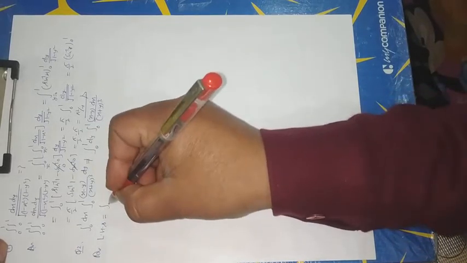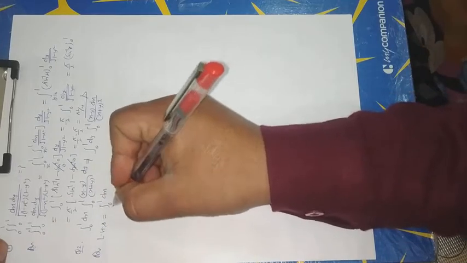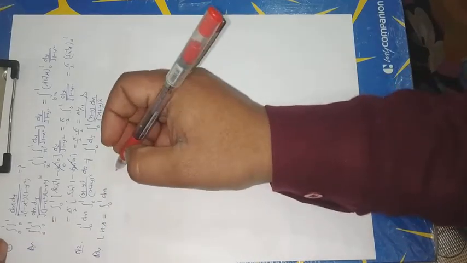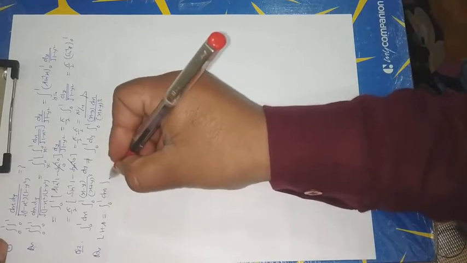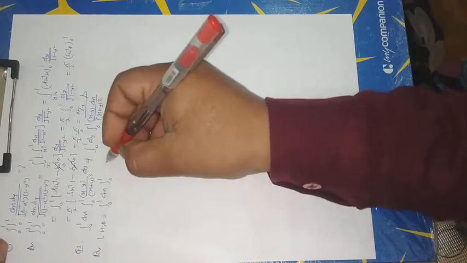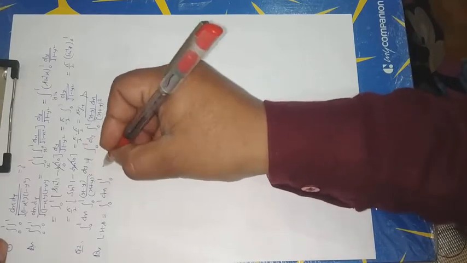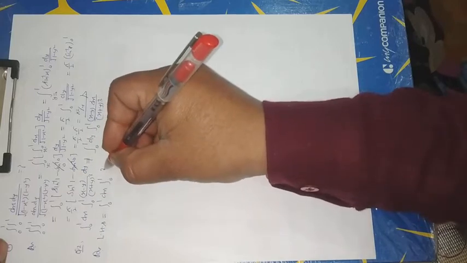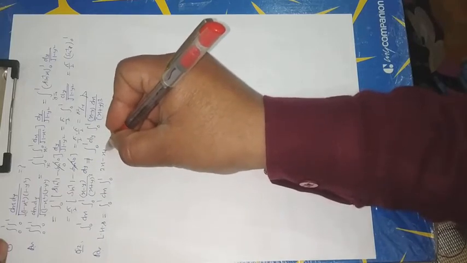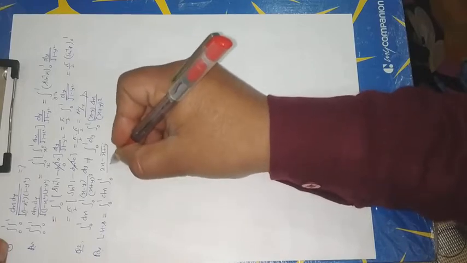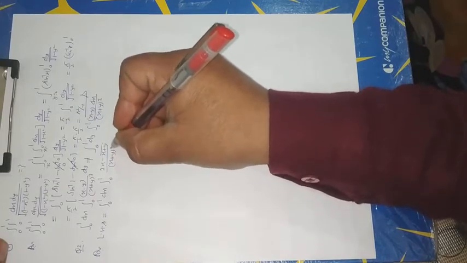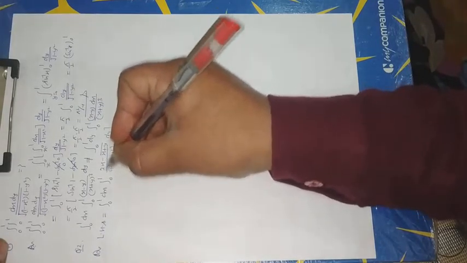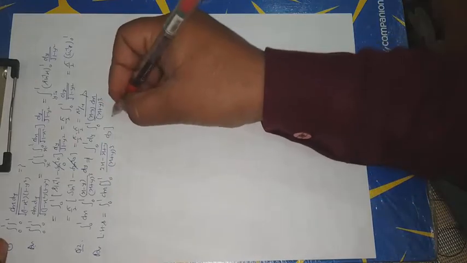integral limit 0 to 1, this is the limit of x, and this is the limit of y. Now here x is added and subtracted, that is 2x minus x plus y upon x plus y whole cube dy. Okay.